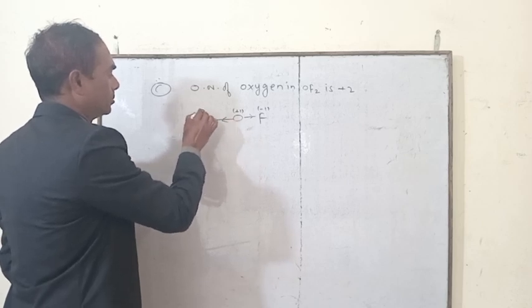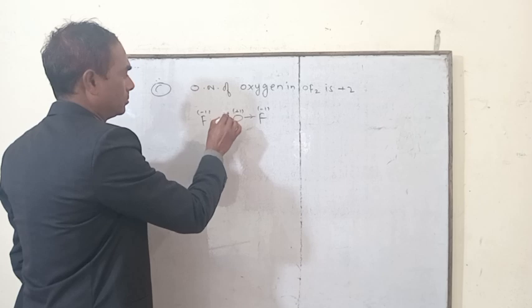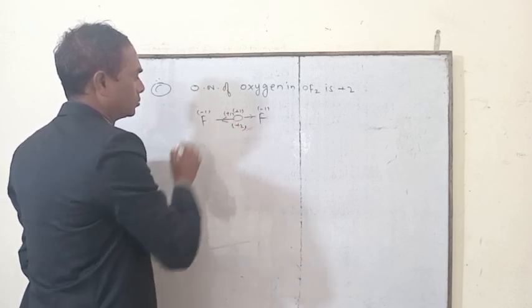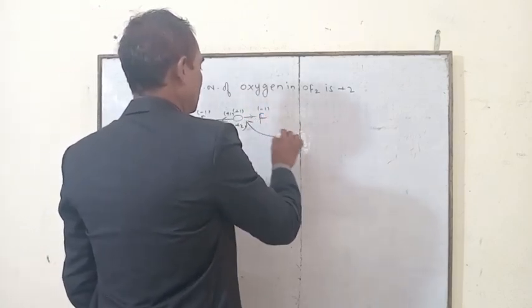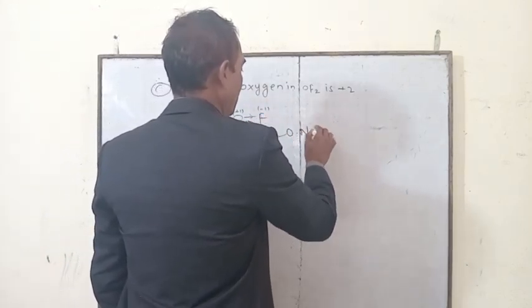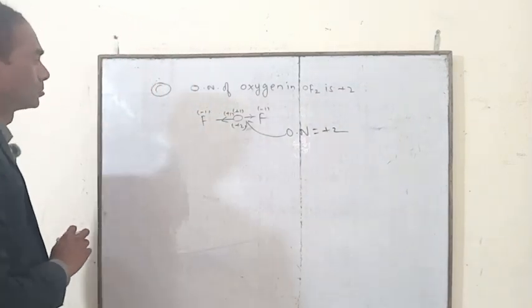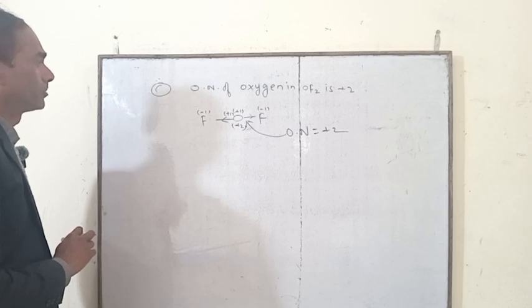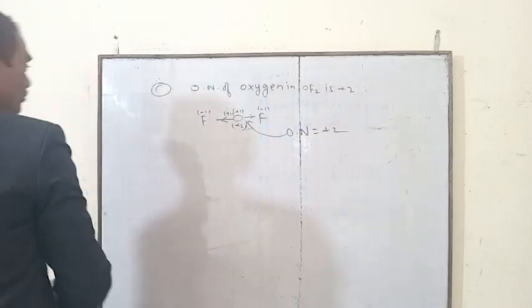Here fluorine -1, oxygen +1, totally +2 charge. In this situation, oxidation number is equal to +2. So these are the exceptional cases of oxidation number of oxygen in different compounds.